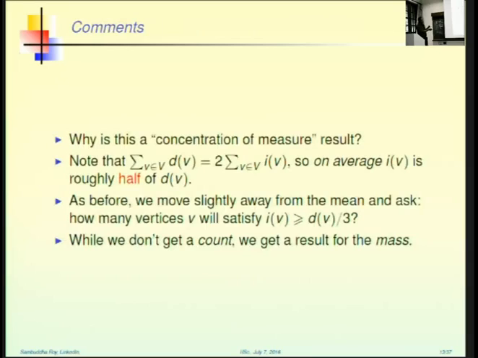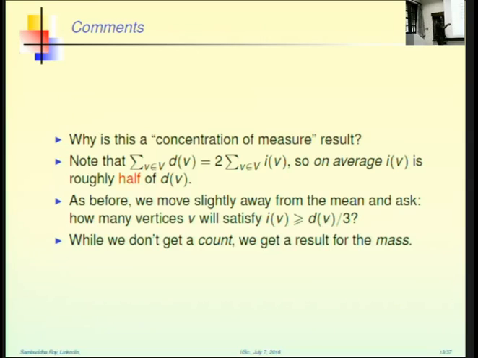Okay, so let's go to the motivation again. The motivation is this: if you have summation dV, the summation of the degrees across the whole graph, it is equal to twice the summation of the in degrees, right? So on average, IV is roughly half of dV. These are very vague comments.